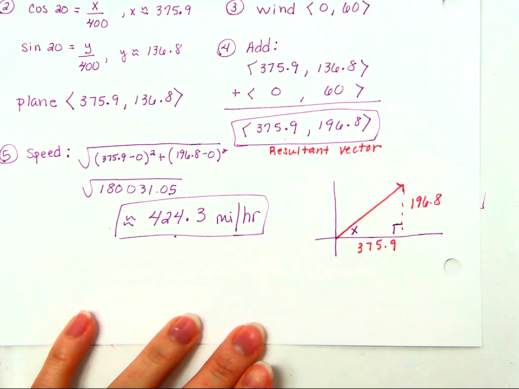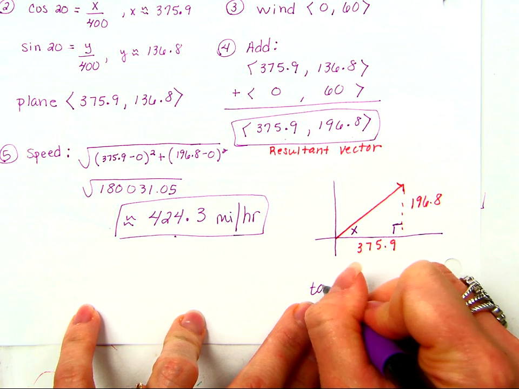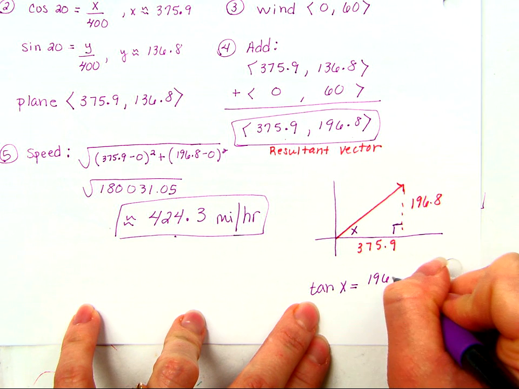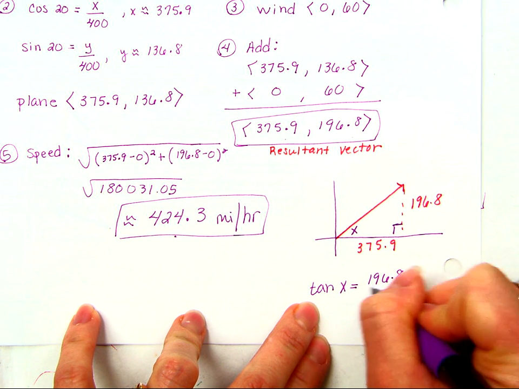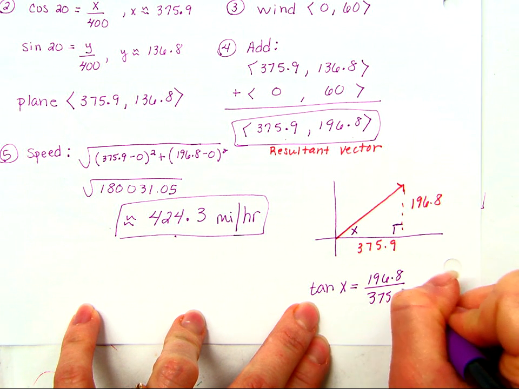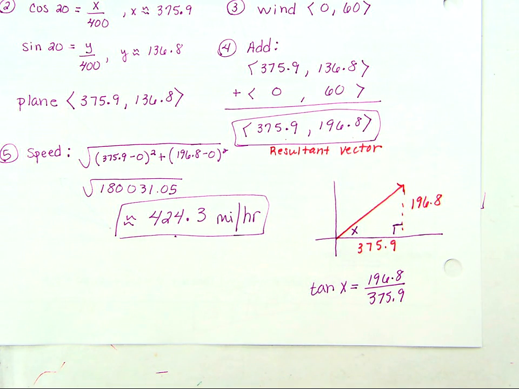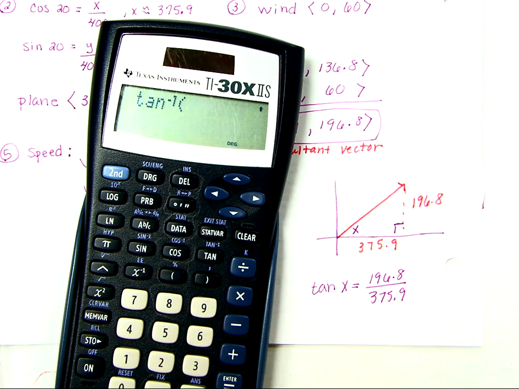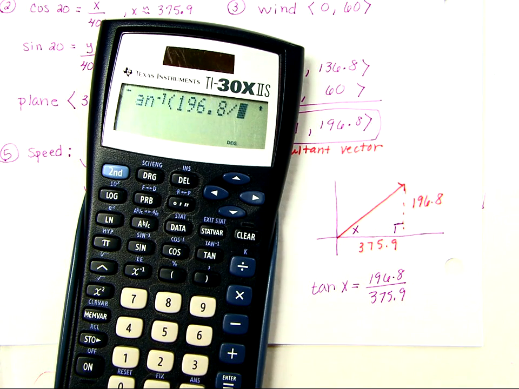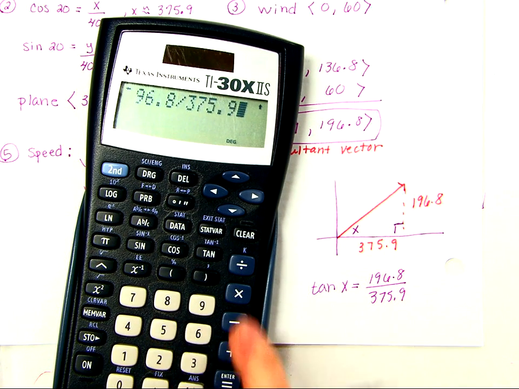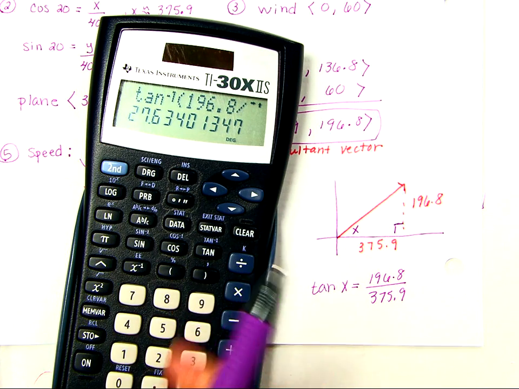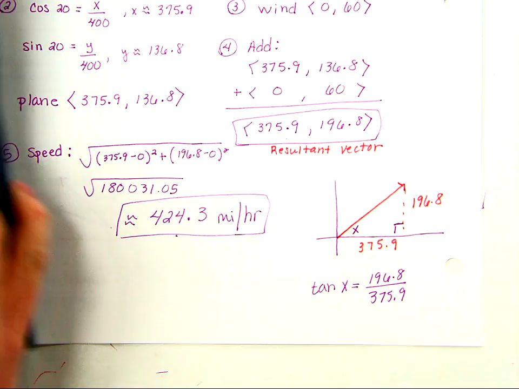If we're going to calculate that direction, I know I can use my tangent function. Tangent of x would equal 196.8 over 375.9. And I'm going to use the inverse. I can see x comes out to about 28 degrees.